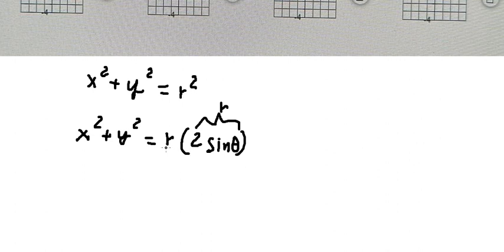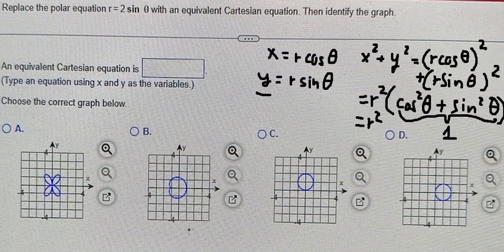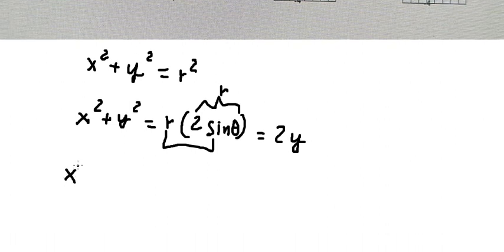And we know that R sine theta is Y, so that should be 2Y. And now we put 2y to the left. And this is the answer for question number 1.